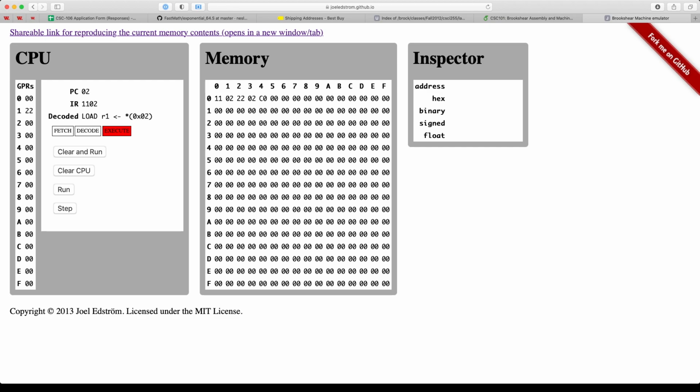But here it's numbers for both of them because it's all in hex, right?